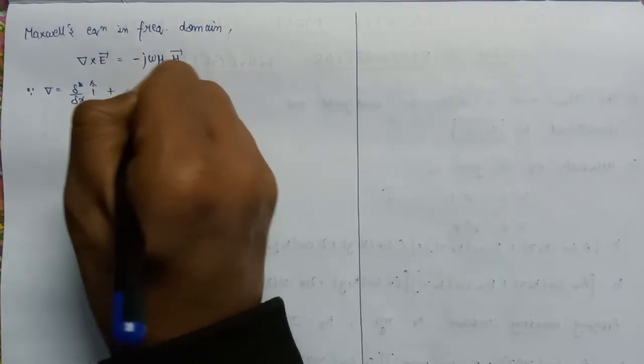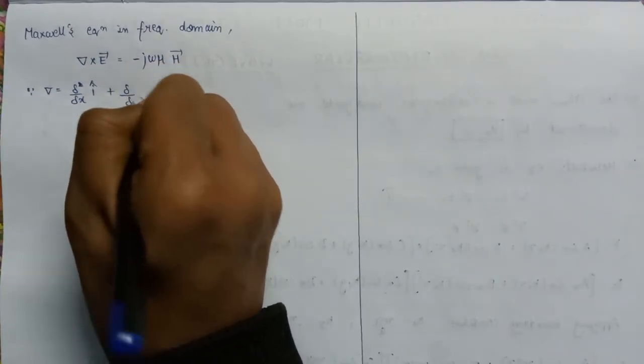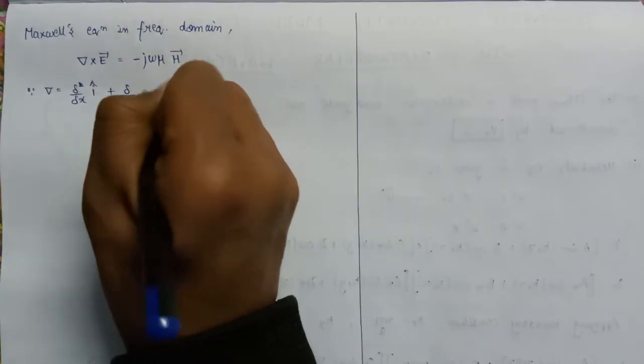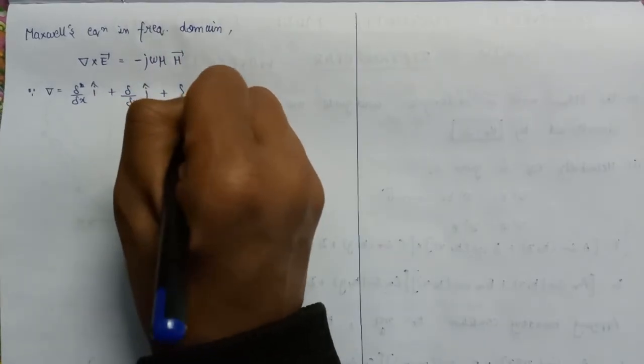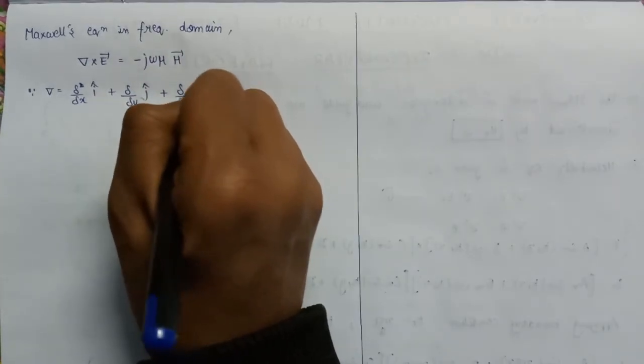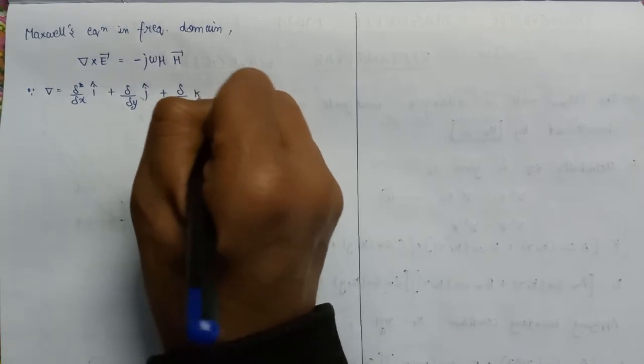We know that here the value of del is equal to del over del x into i cap plus del over del y into j cap plus del over del z into k cap.